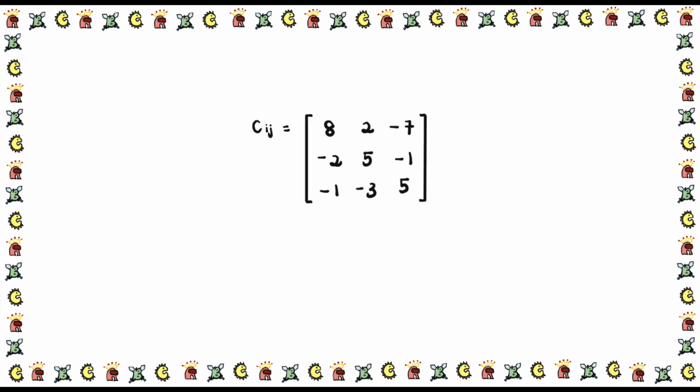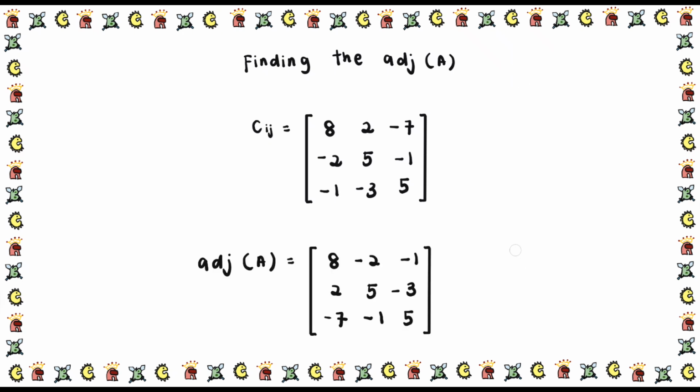This is our cofactor matrix A, but this is not adjoint A because we haven't transposed yet. How to transpose the cofactor matrix is pretty simple actually. You just need to rewrite the columns to be the rows respectively or vice versa. For example, first column will become first row, second column will become second row, and third column will become third row. Easy, isn't it? So now we have our adjoint A.